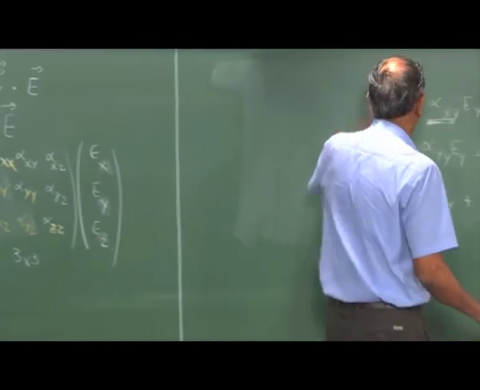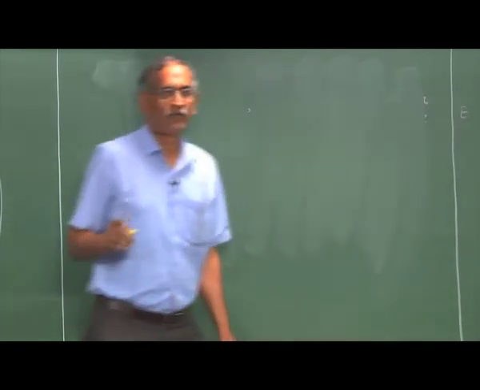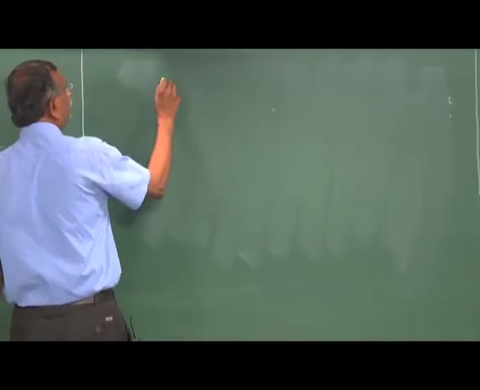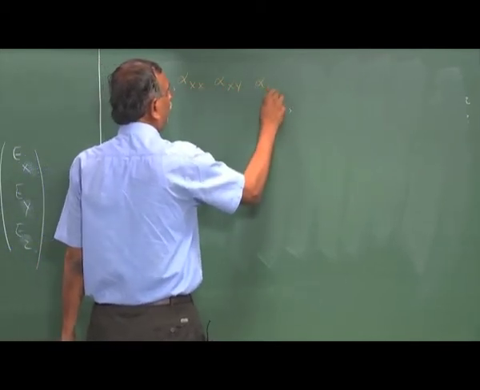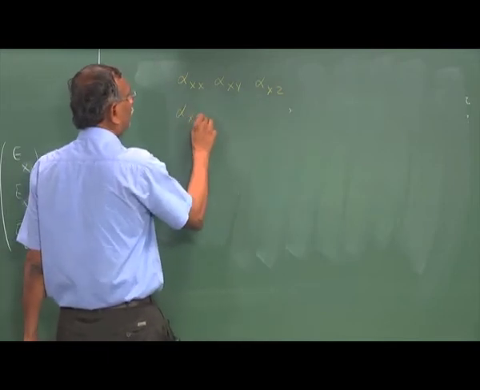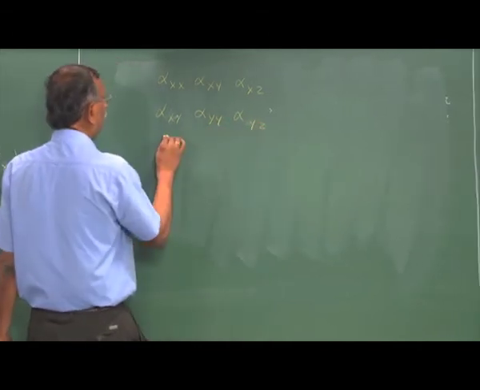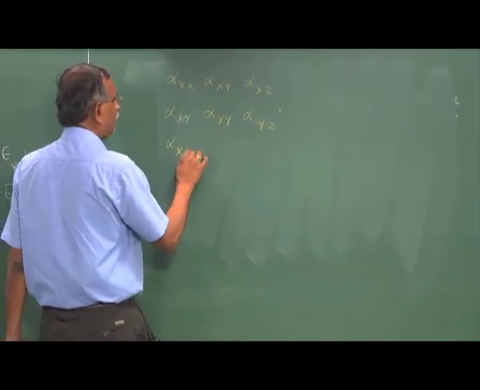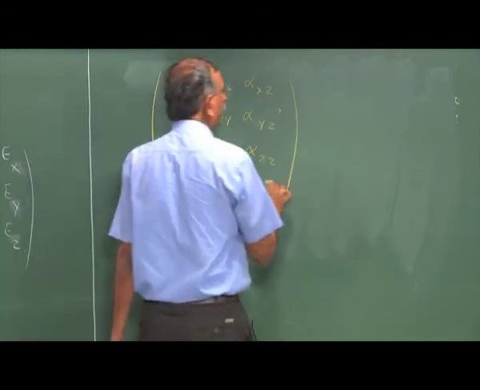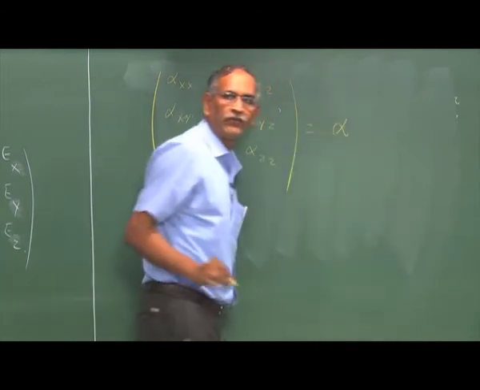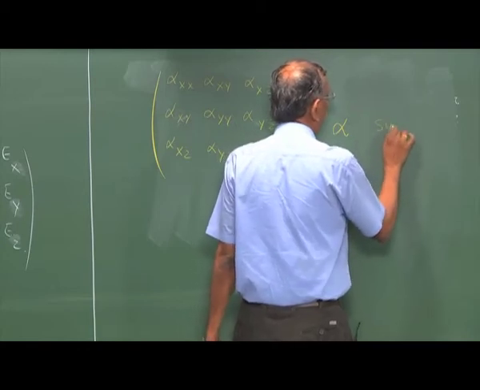This is with respect to the coordinate system x, y, z. Okay. But the matrix that we have here, alpha xx, alpha xy, alpha xz, alpha xy, alpha yy, alpha yz, alpha xz, alpha yz, alpha zz, this matrix is called the second rank tensor matrix of alpha, and it is a symmetric matrix.